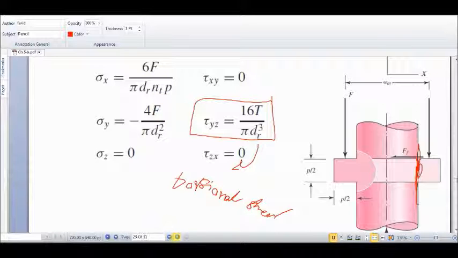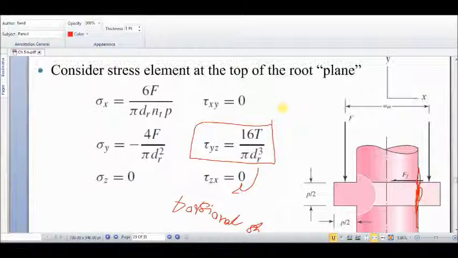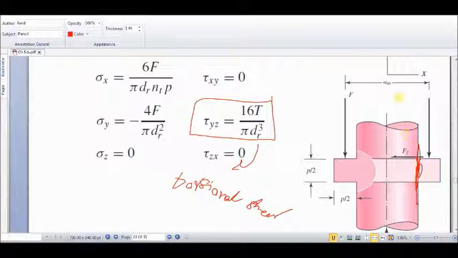Okay, the next is the compressive stress on the body, which is in the y direction because the load or weight on the power screw is in the y direction. Therefore the compressive stress on the body is in the y direction. That's why here we show it by sigma y.